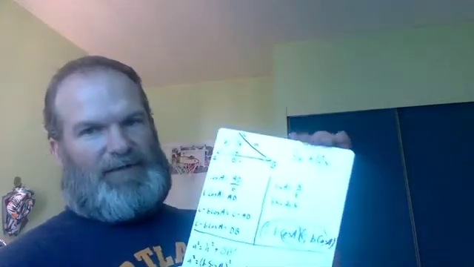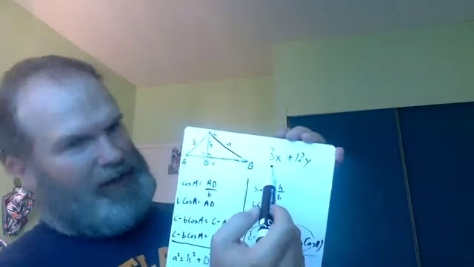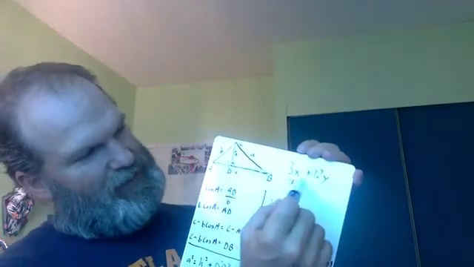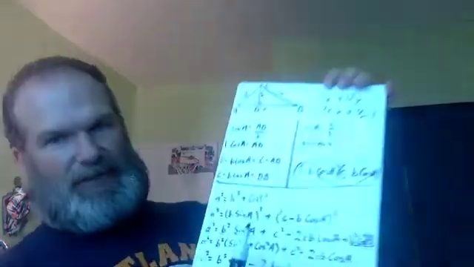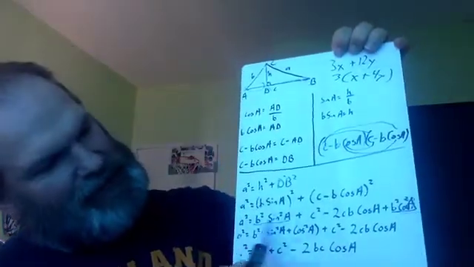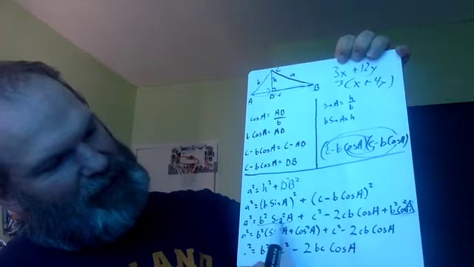That'd be just like saying if I had 3x plus 12y, I have 2 terms where I can pull out a 3 in both terms. That would be 3x plus 4y. That's what I'm doing with these first and last terms. I have a b squared in both those terms.